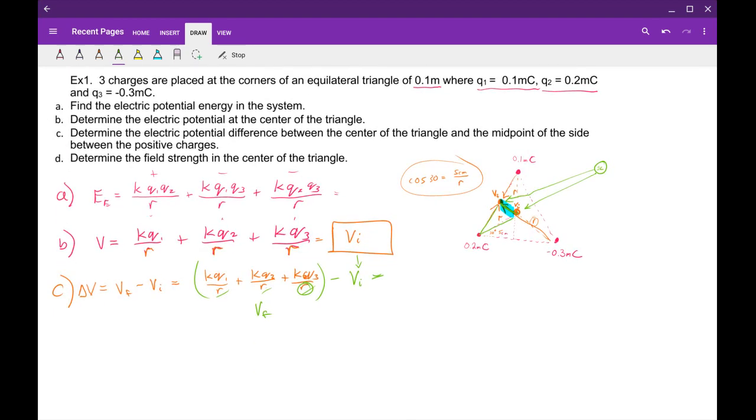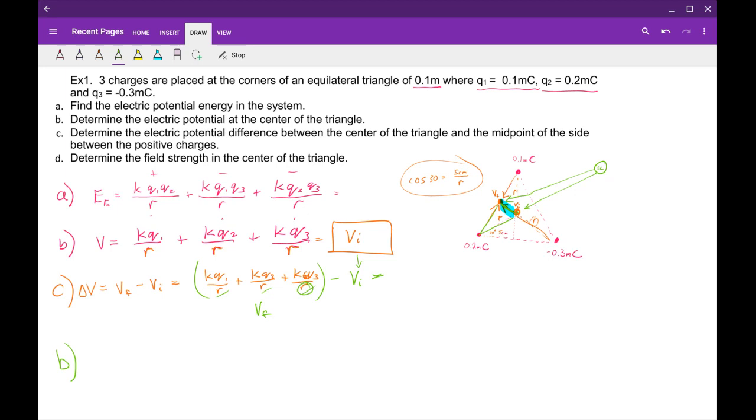It allows you to keep track of the energy required to move between different spots in the space around a charged particle.